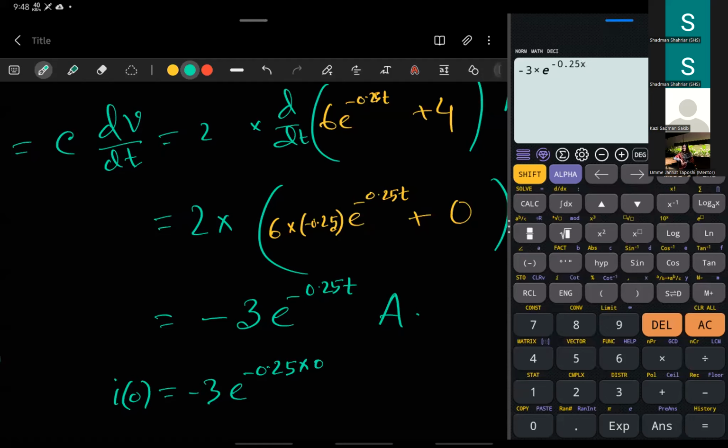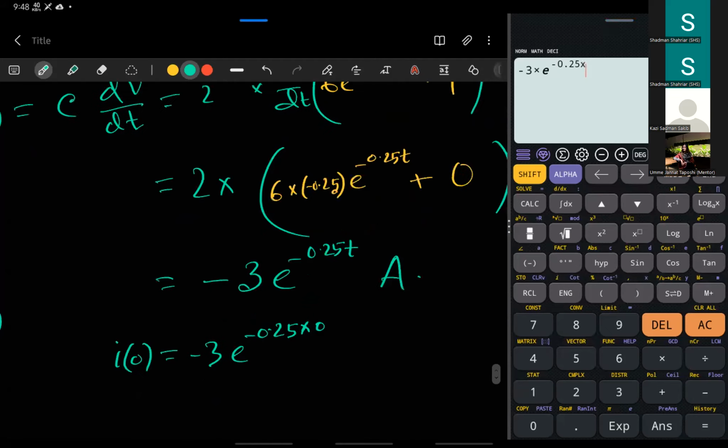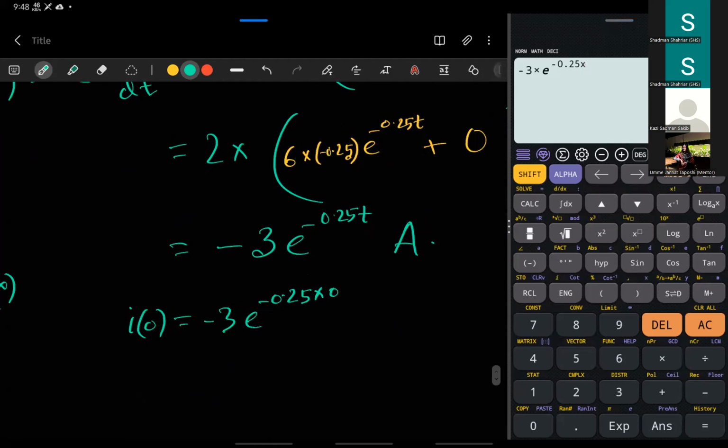May be asked to find different values at different times. So, for example, I might ask you what's the value of I5, meaning if you put the value t equal to 5, what's the value of the current? And the way to find that out is basically 3 e to the power 0.25 times 5, right?